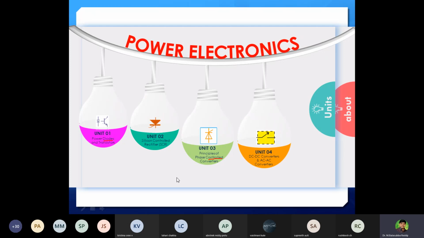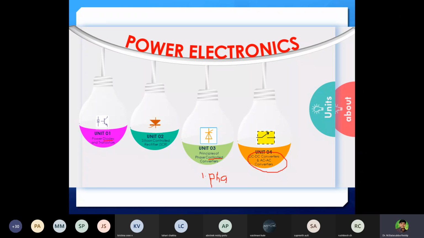Now the fourth unit is also a very important unit, but very simple and useful. Here you can see this combination consisting of three controllers. One controller I already told you about, the phase control rectifier, which converts AC to DC. This is the first one.